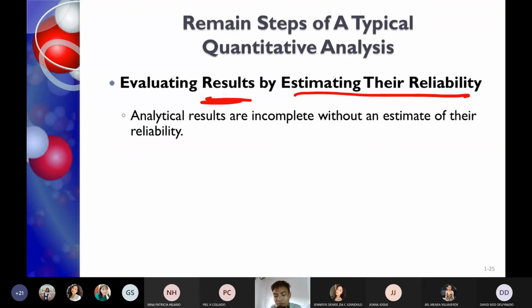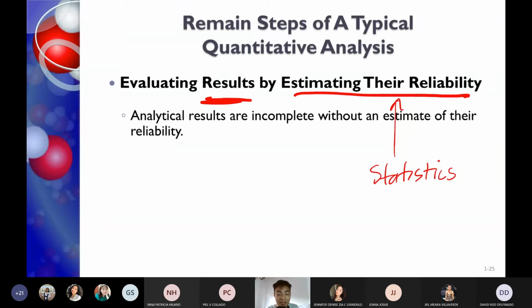So huwag tayo doon. So pag sinabi nating reliability sa Anakem, itong estimating their reliability, we are actually pertaining to statistics, no? Statistics. Tama ba spelling ko? Ayun, so that means yung Anakem, hindi lang siya chem.